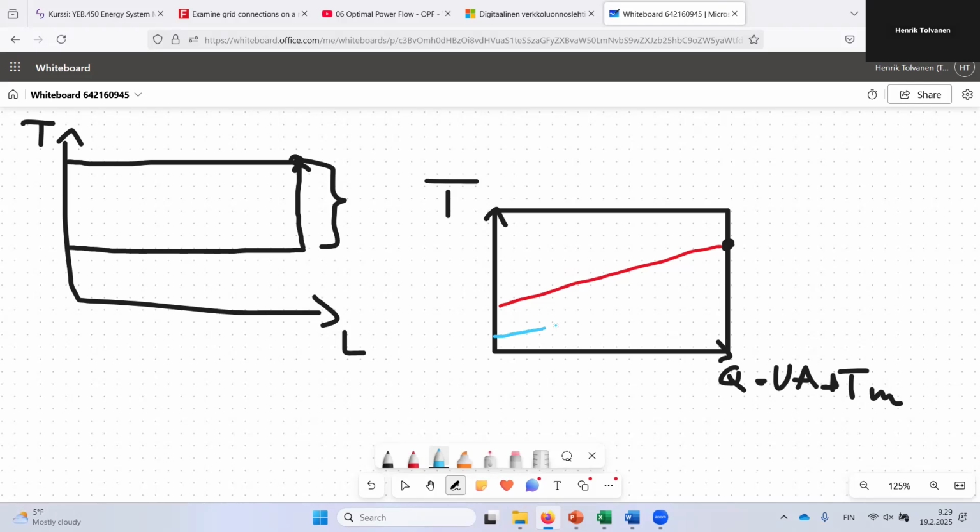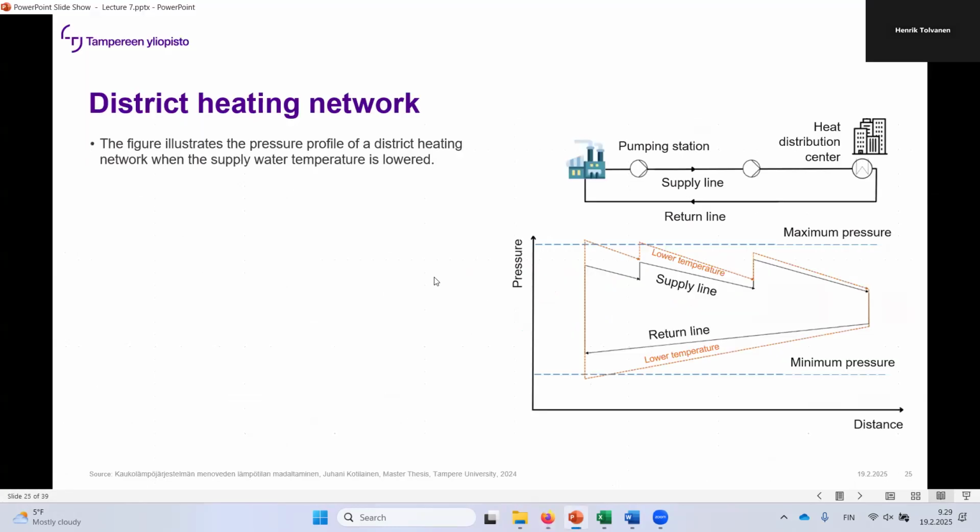It comes to the substations to heat up. So it draws power from here to here since there's the temperature difference. So in here, the temperature would remain rather constant, then it would drop, and then again remain rather constant.